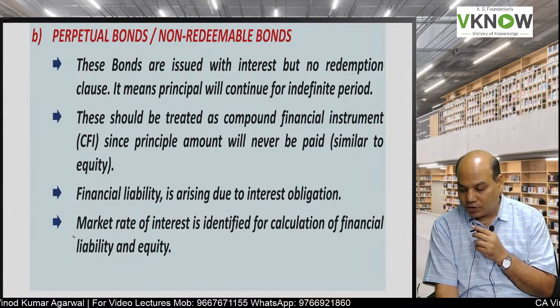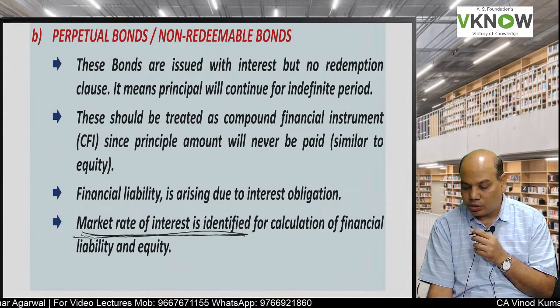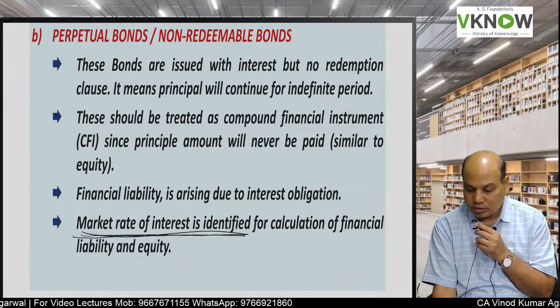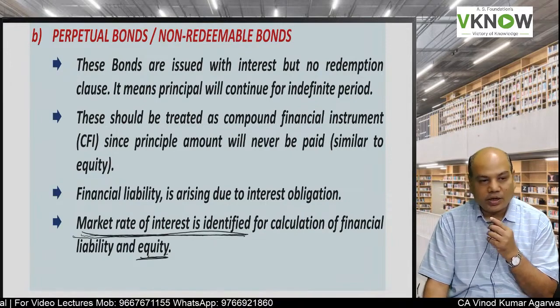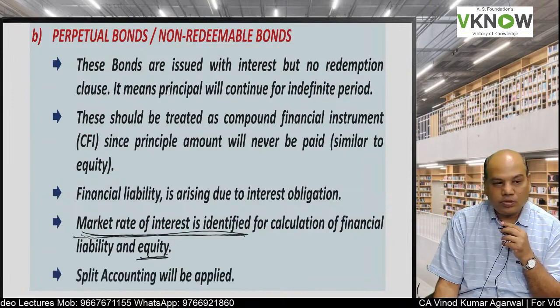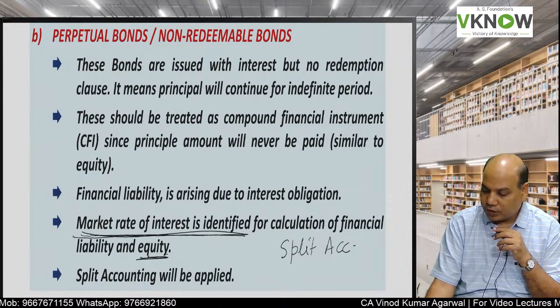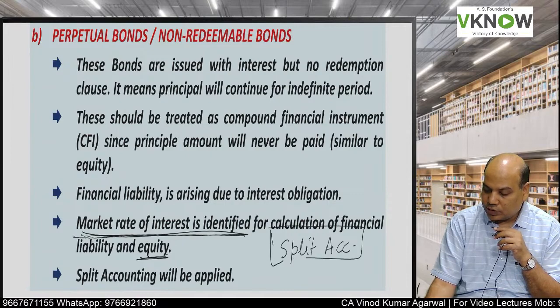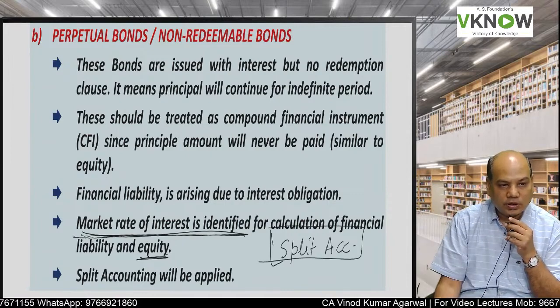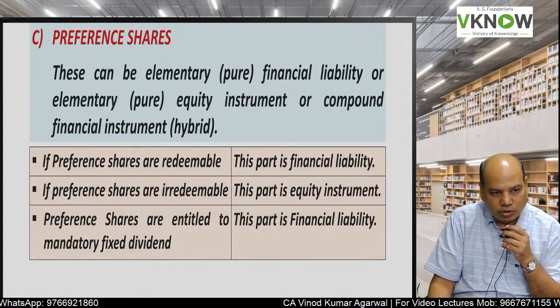If there is a difference between the fair value and the present value of the future interest payments, then that portion will be treated as equity. Here split accounting is applied. Split accounting means we have to find out how much is the financial liability and how much is the equity. So this is how perpetual bond will be solved.